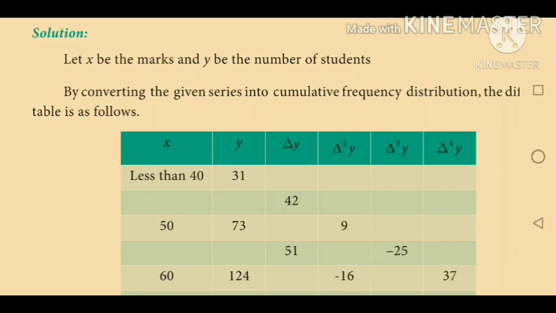Not only that, for the next assignment, you have to do all the exercise sums also in your note, that is exercise 3.1 and 3.2. So do all the sums in your note in order to score full marks in your assignment, and practice well, then only it is easy to score marks in your monthly test. Thank you, students.